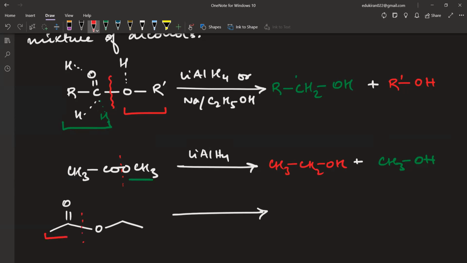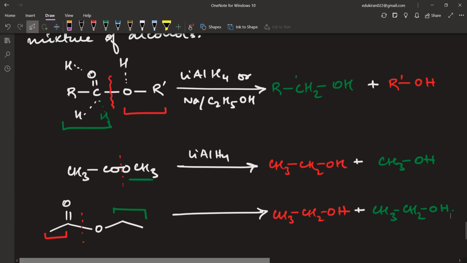Bond will break here. You have two carbons here. That means you'll be getting CS3 CH2, OH. And here also we have 2 carbon atoms. From here also we'll be getting CH3, CH2, OH.